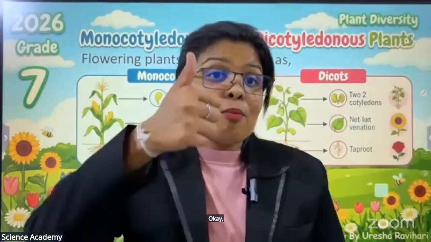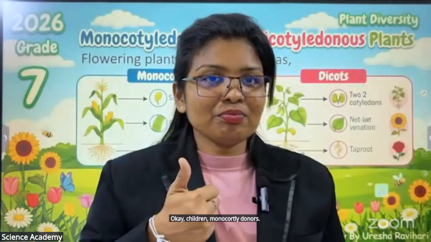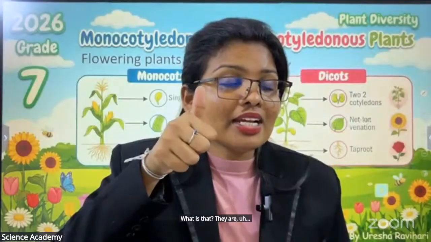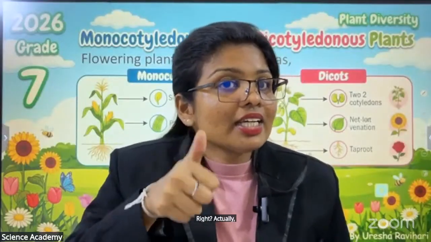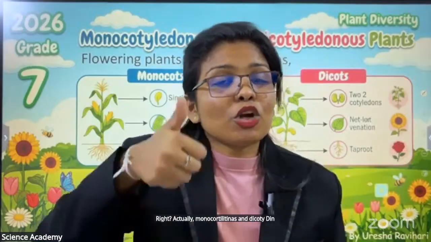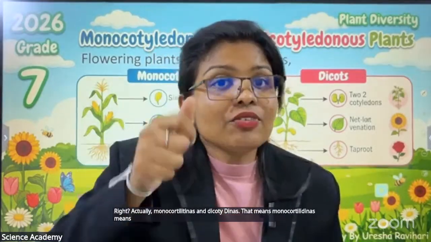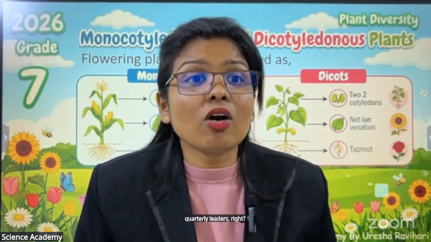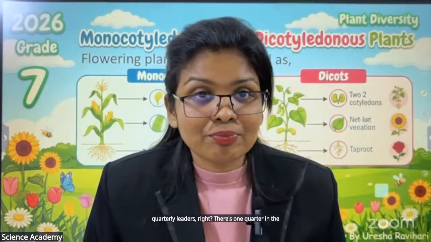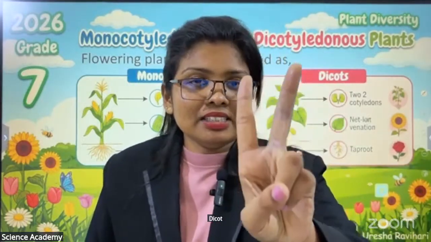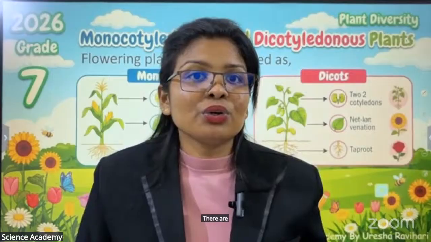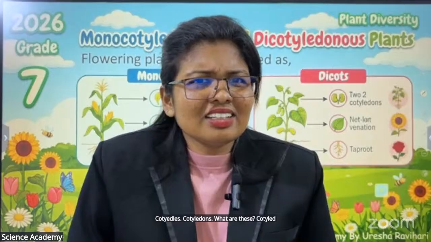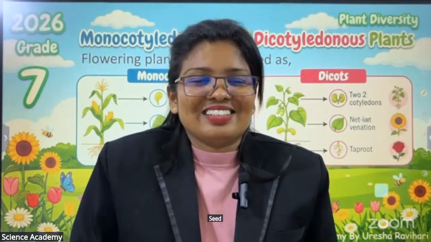Okay, children. Monocotyledonous. What is that? Actually, monocotyledonous and dicotyledonous. Monocotyledonous means there is one cotyledon in the seed. Dicotyledonous means there are two cotyledons. What are these cotyledons? Seed lobes, children, right?